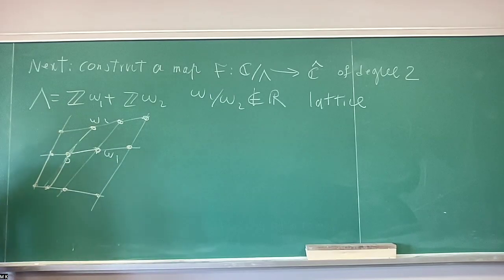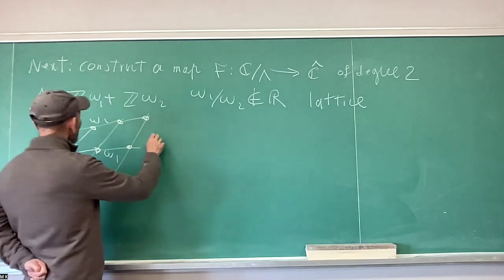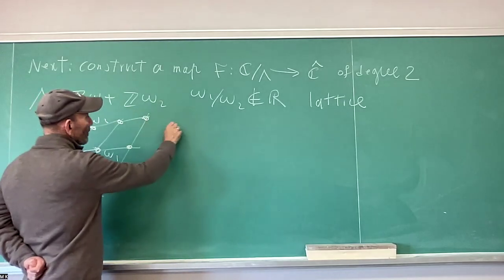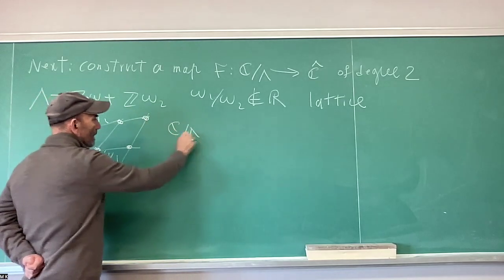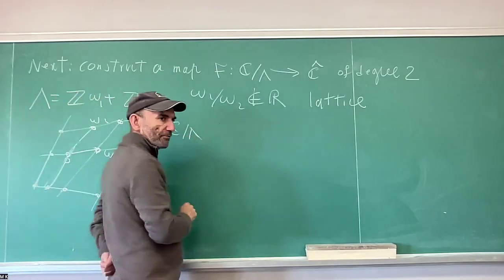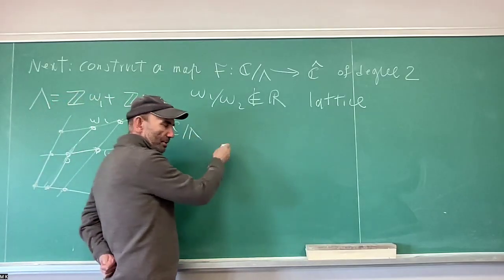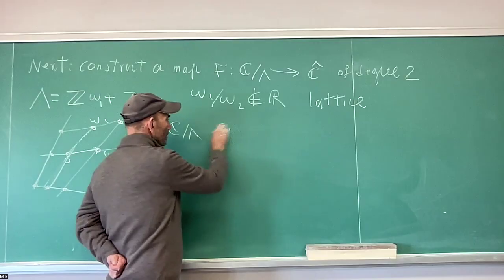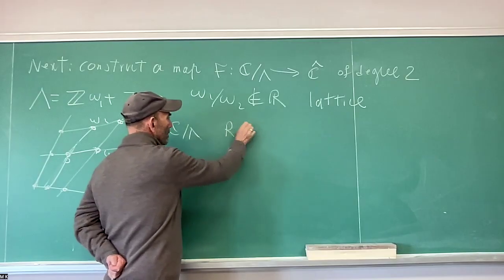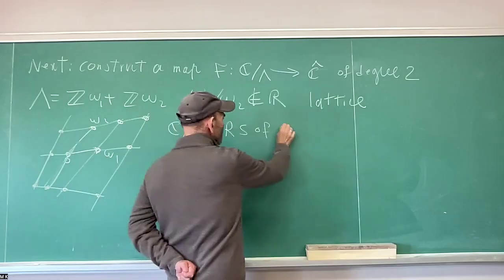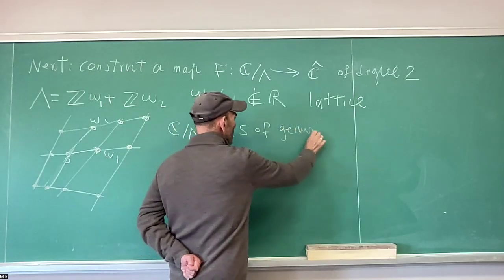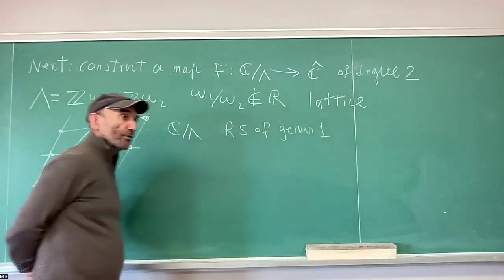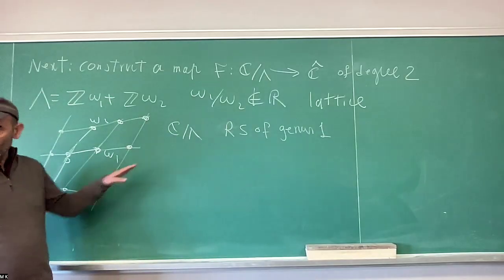Okay. So this torus, C over lambda, is a surface of genus 1, a complex surface of genus 1. It's a Riemann surface of genus 1. And what we want to construct is a meromorphic function on this one.